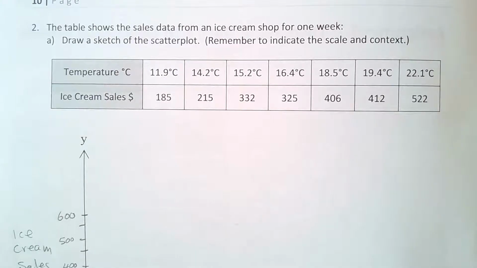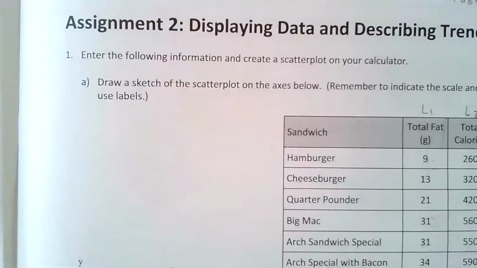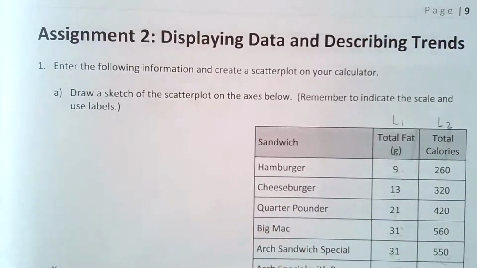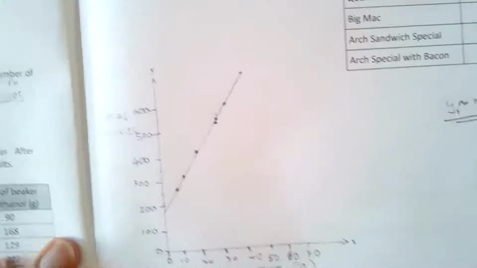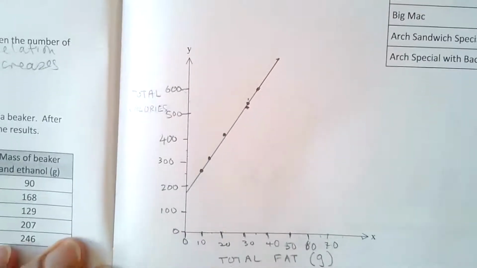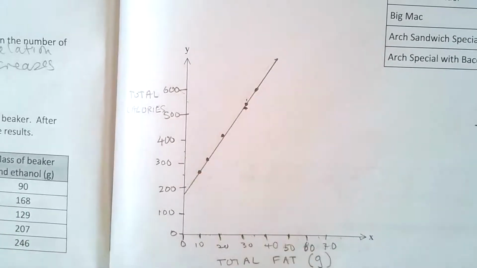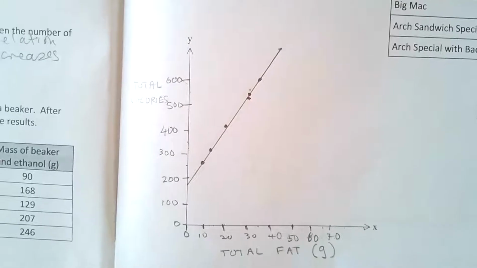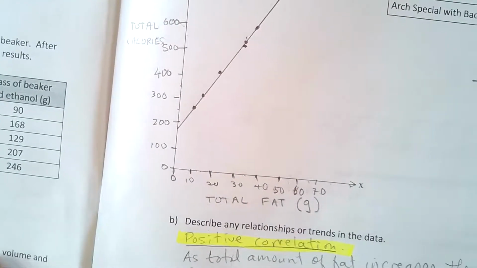Remember, in the previous lesson, we completed assignment 2, question 1, and we plotted the set of data on a coordinate plane. Then we constructed a line of best fit. And we described the relationship. In this case, it was a positive correlation.